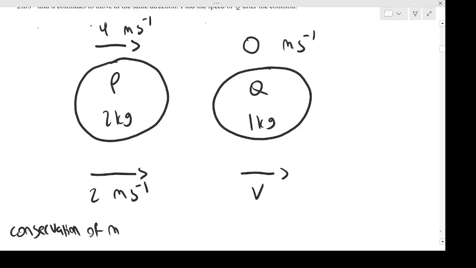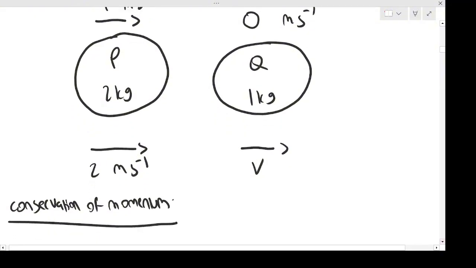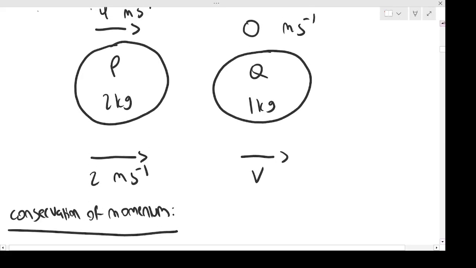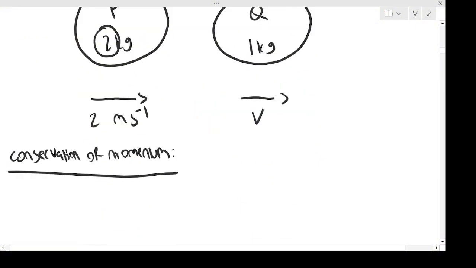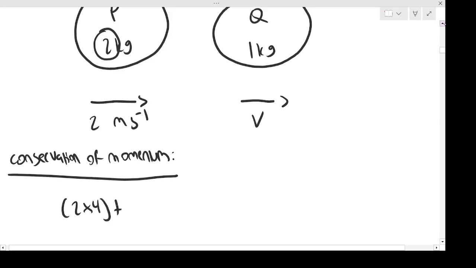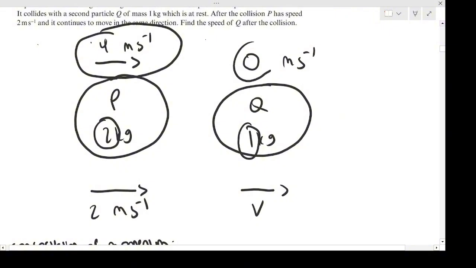And actually, I can do it all in one go. I don't have to break it down like I did in the first example. So if I look at all the momentums before, well, for P, the mass is 2 and the velocity is 4. So it's going to be 2 times 4 for P. Then for Q, before the mass is 1 and the velocity is 0.